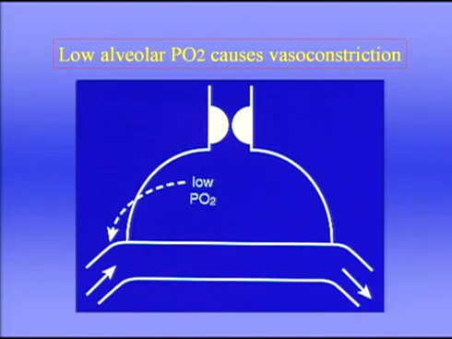By reducing the amount of blood flow to this region, we're going to reduce the amount of poorly oxygenated blood coming from this region. And we know that occurs to some extent in diseases like chronic bronchitis and asthma, for example. There is hypoxic pulmonary vasoconstriction in those regions of the lung that are poorly ventilated.